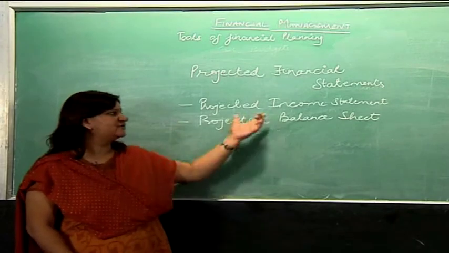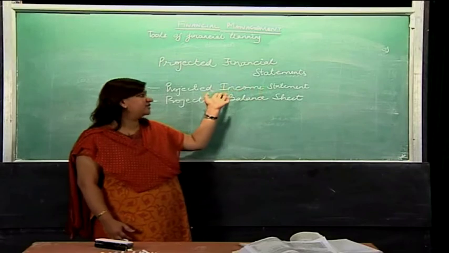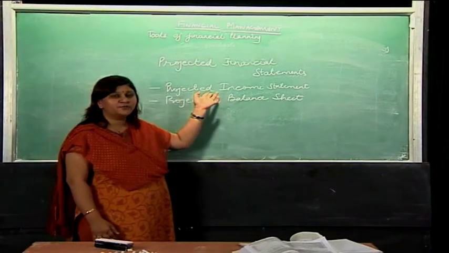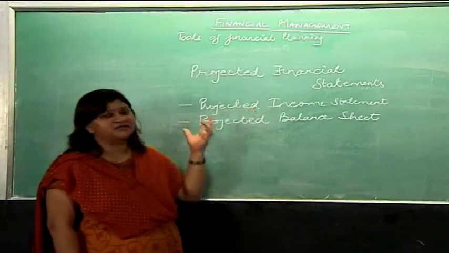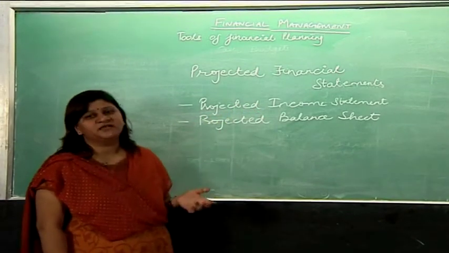So it will tell us the profitability position, because it will take into account all the expenses relevant to the production and the operations, and the net result, that is the receipt minus the expenses, will be taken care of.